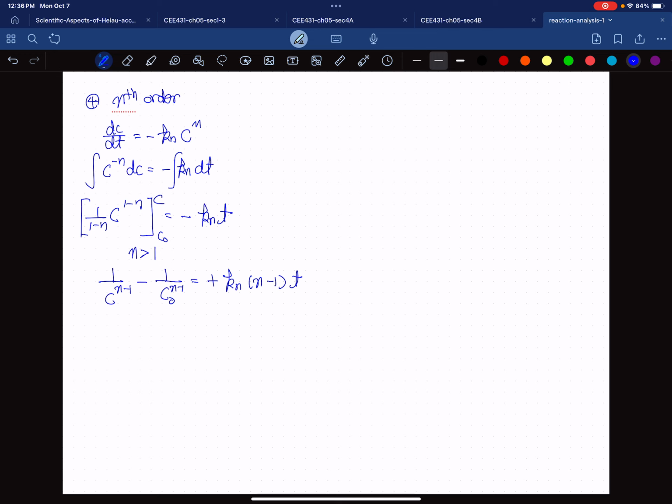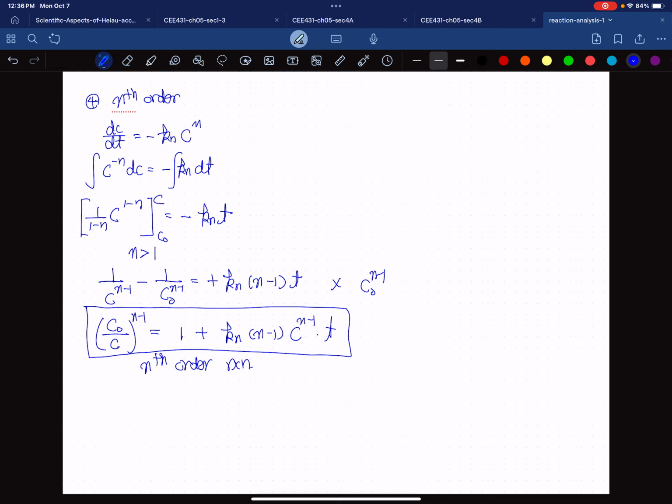Now you multiply by C naught to the power of n minus 1 and reorganize it, then you could say C naught, the initial concentration, which is constant, divided by concentration at time t, to the power of n minus 1, equals 1 plus kn times n minus 1 times C naught to the n minus 1 times t. So this is actually the nth order reaction time dependence.